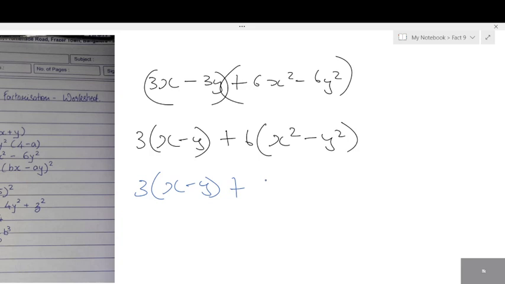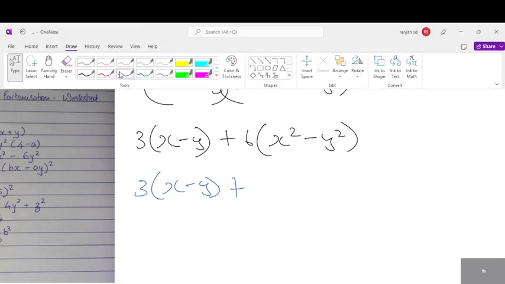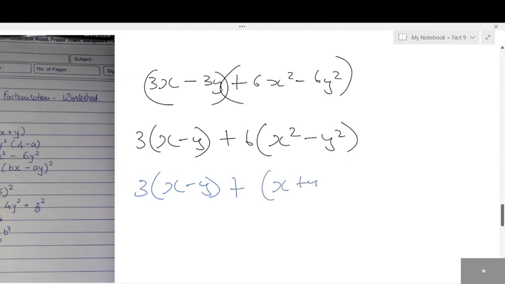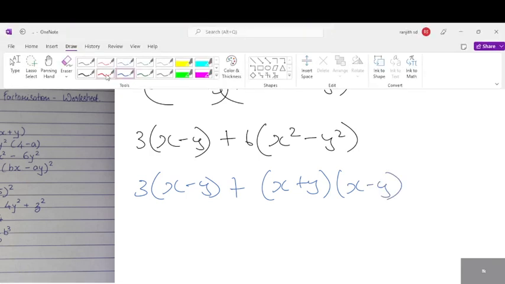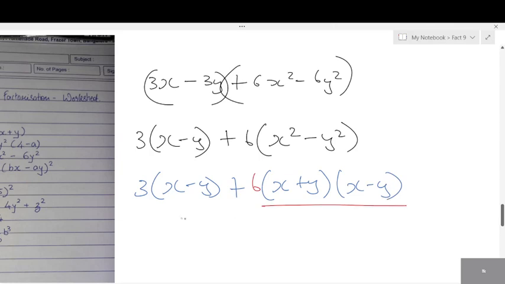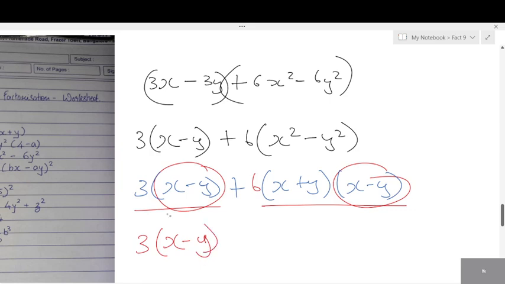Is Dia online? Not able to hear Dia's voice. x plus y into x minus y, and the 6 remains as it is. Now again we have two terms. What is common to them? What about 3? You all missed the 3 into x minus y. 3 is also common, right? 3 into x minus y.